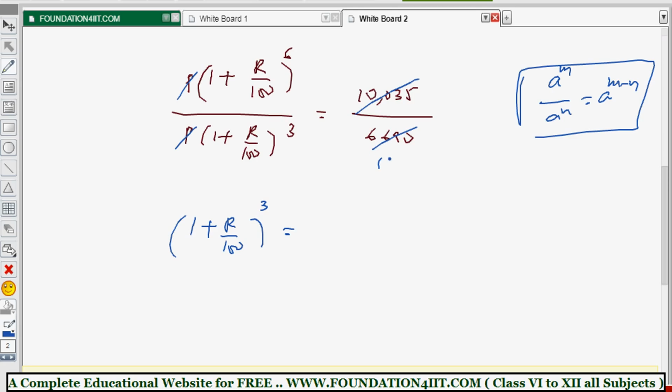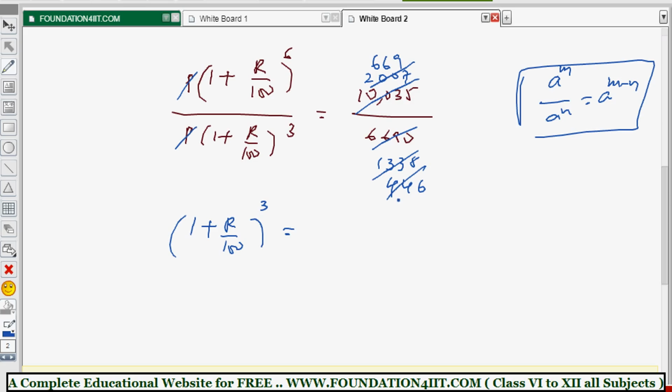And 10,035 by 6690: cancel with the 5 table. 5 ones are 5, 5 threes are 15, and so on, giving 1338 by 2007. Then cancel with the 3 table again: 3 fours are 12, 3 sixes are 18, giving 669 by 446.